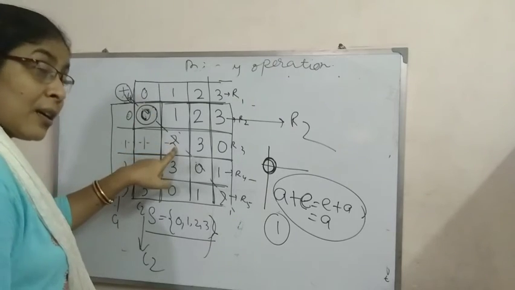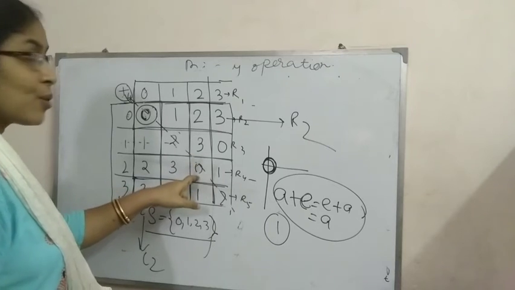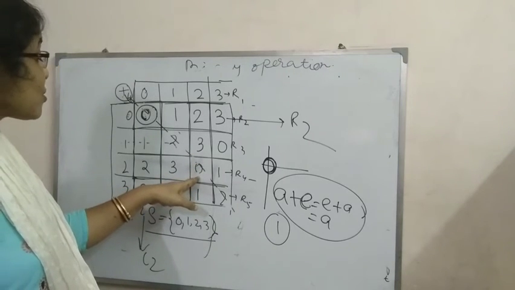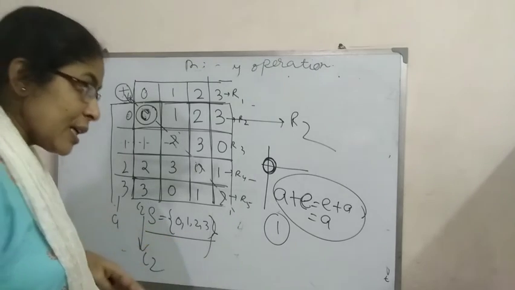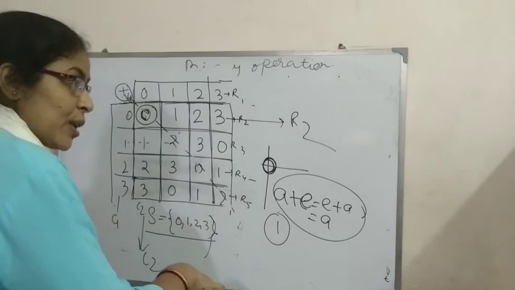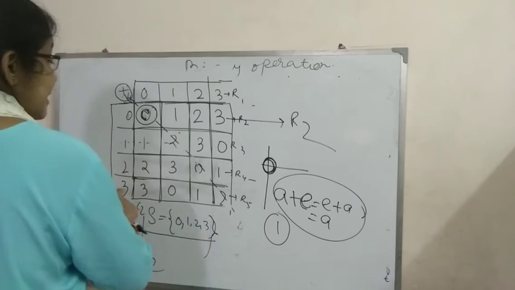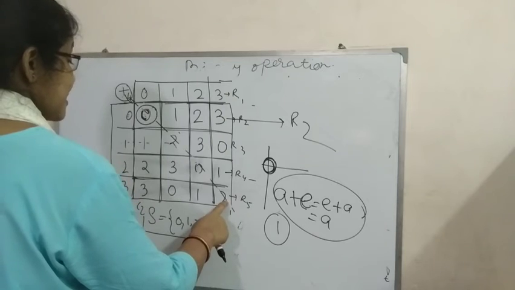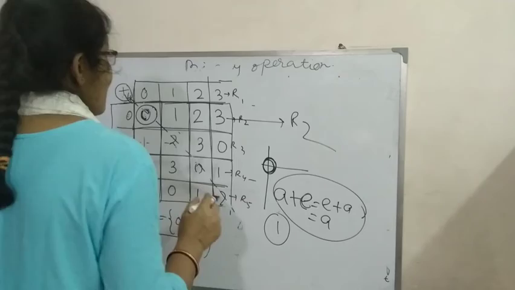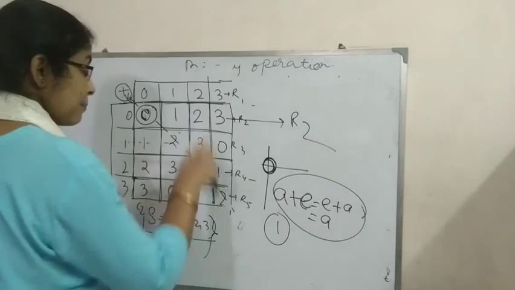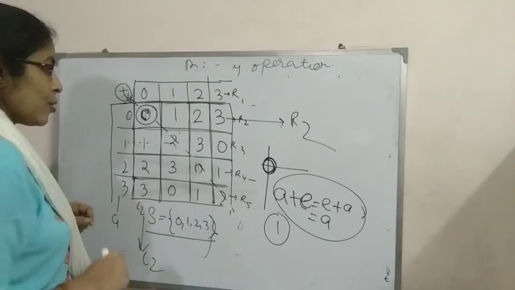1 plus 1 is not 1, it is 2. 2 plus 2 is 0. If 2 plus 2 were equal to 2, then I could tell 2 is the identity element. 3 plus 3 is equal to 2, not 3, but 0 plus 0 equals 0.